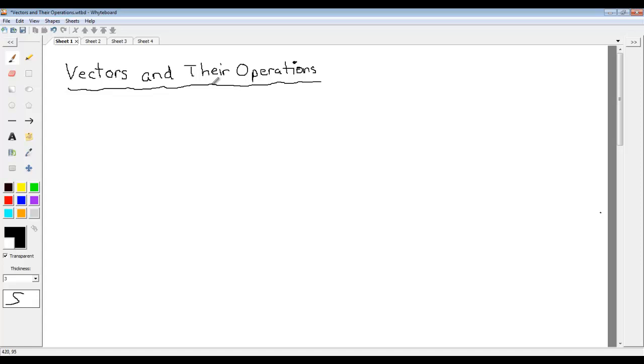What are vectors? Well, first of all, a lot of the problems you've worked on so far just have things that are represented by real numbers. And we call those scalars. Scalars are quantities that involve magnitudes.